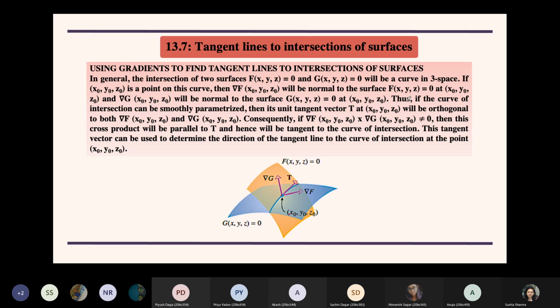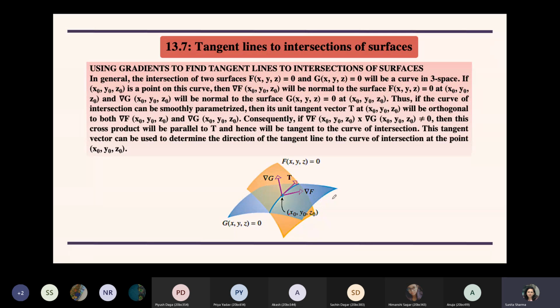So for this curve C at the intersection, the unit tangent vector will be orthogonal to both gradient f and gradient g. When I find the tangent to this particular curve, obviously this will be orthogonal to gradient f, and also orthogonal to gradient g.